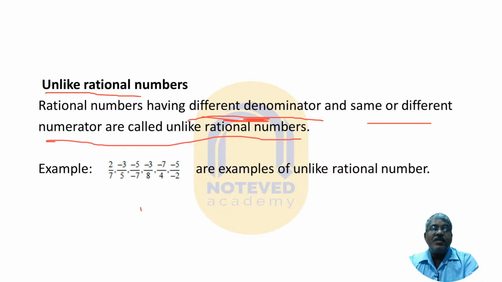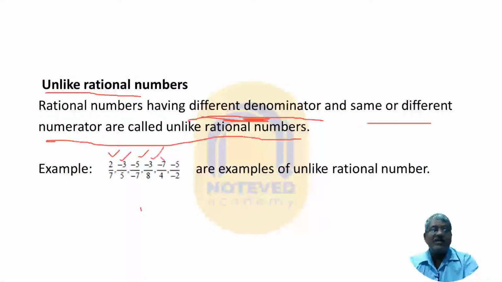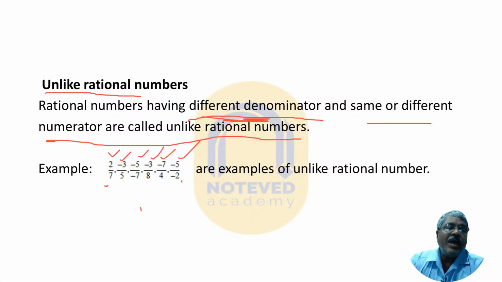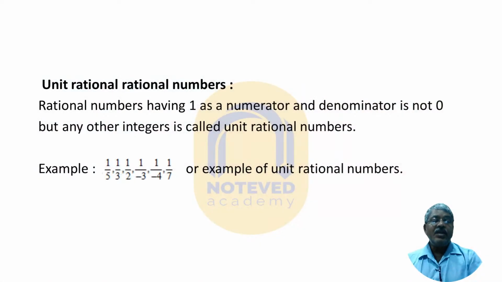7, minus 3 by 5, minus 5 by minus 7, minus 3 by 8, minus 7 by 4, minus 5 by 2, minus 2. Here, all are what? Unlike rational numbers because they have different denominators. Now, unit rational numbers.